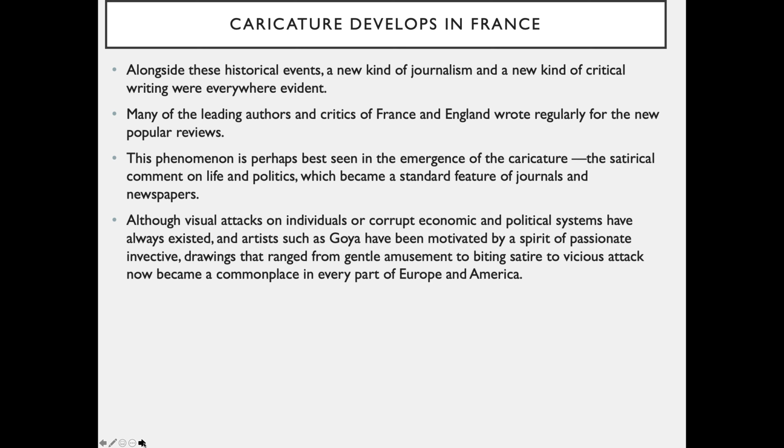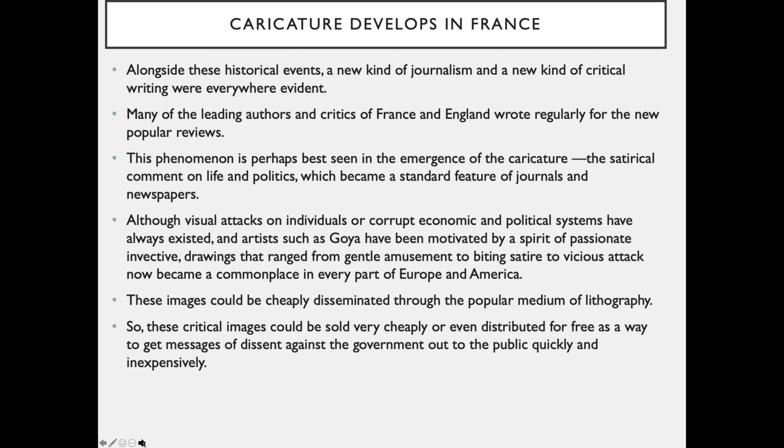So in newspapers, you could buy caricatures very inexpensively, these small prints. These images can be cheaply disseminated through the popular medium of lithography. So you could make many copies of these and sell them cheaply on street corners.